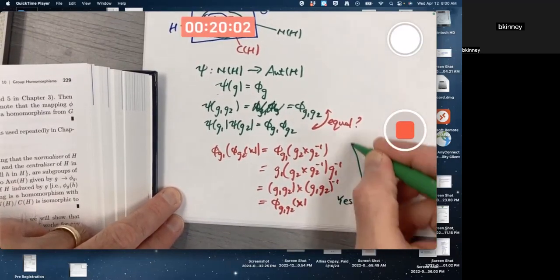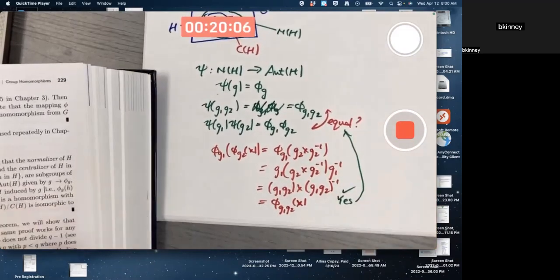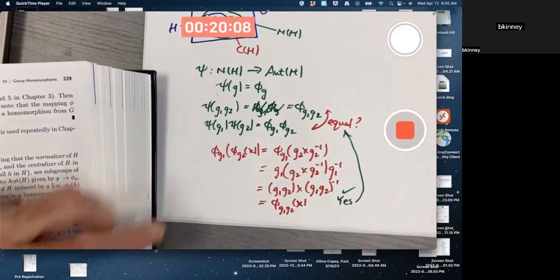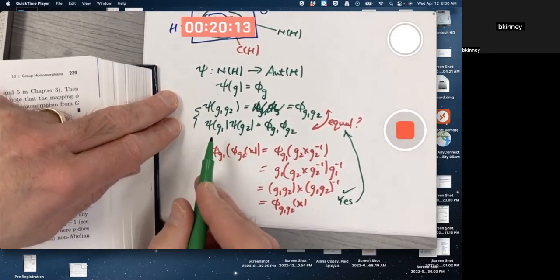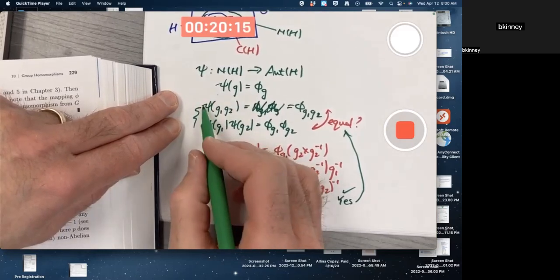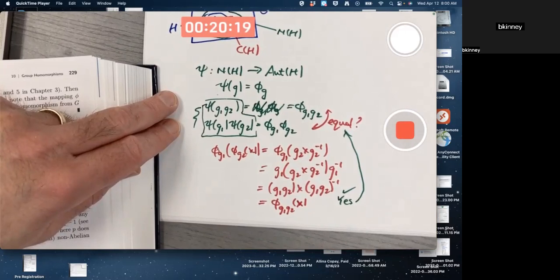Yes, to this question. We verified that, and that verifies then that these are equal. So it is operation preserving. Psi is operation preserving. It is a homomorphism.